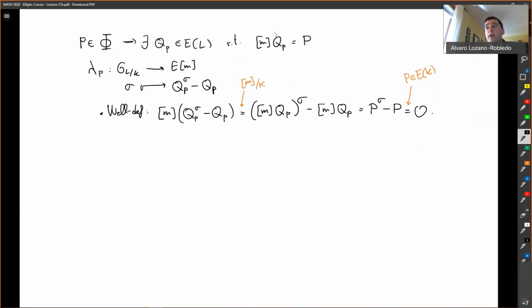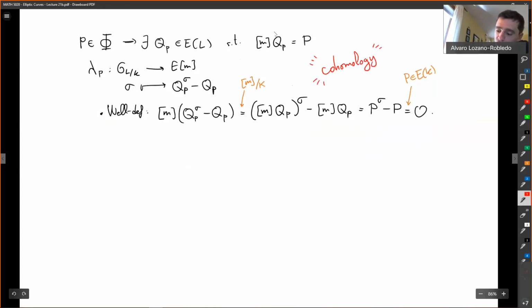It was called a twisted homomorphism, which should give you a hint that there is some cohomology happening here. Okay, so we have not introduced cohomology yet, but this is what cohomology does. So whenever there's a twisted homomorphism, something cohomological is happening.